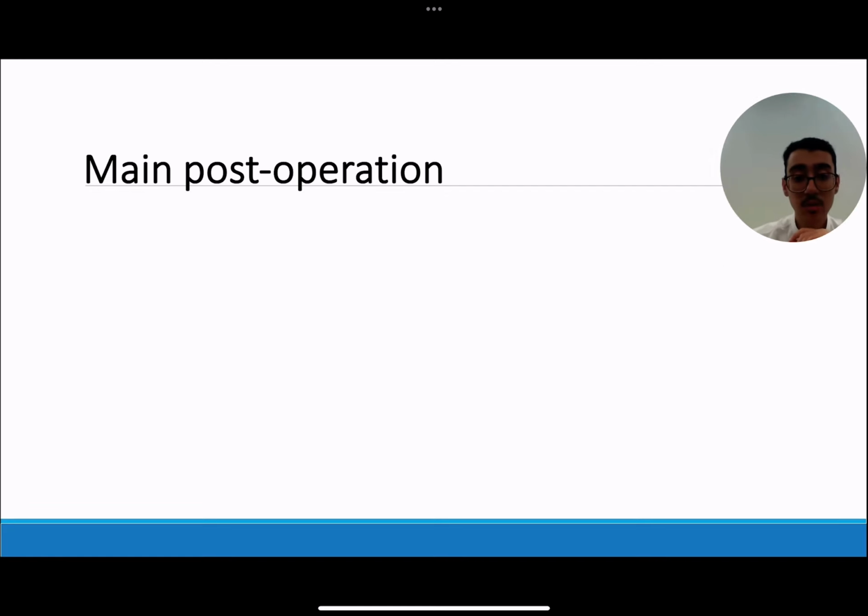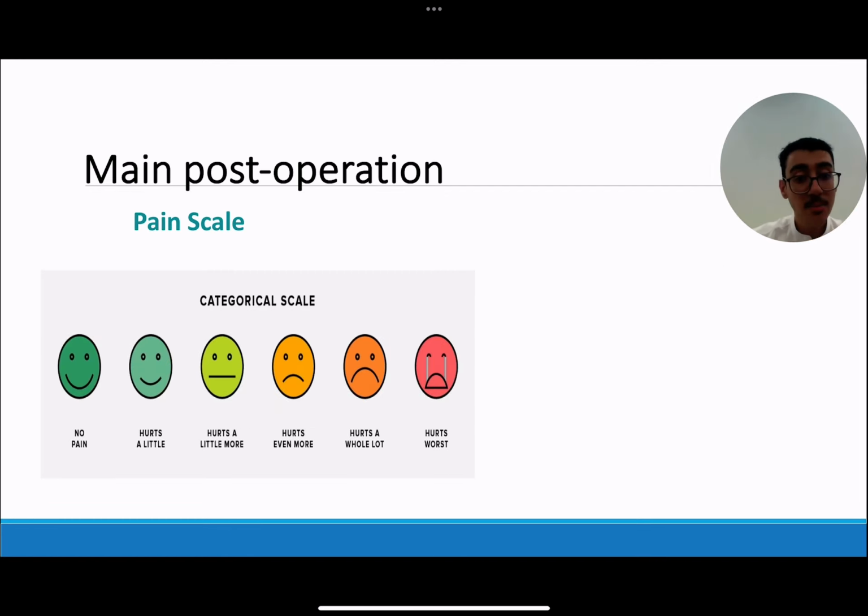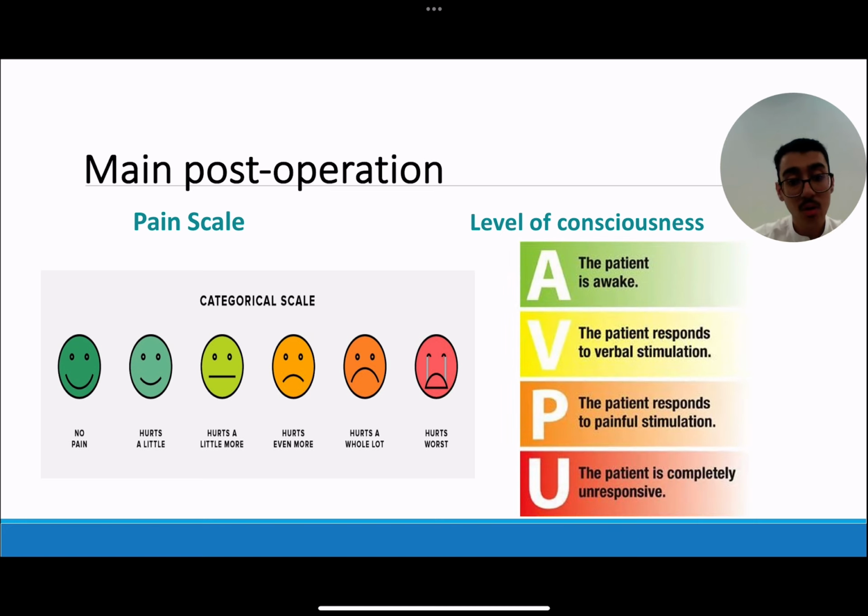And now let's talk about the pain scale and level of consciousness. A pain scale is a scale from 1 to 10 that is given to the patient to say how much pain he feels. Like you can see in this picture, if the patient says 1 to 2, that means no pain. If he says 3 to 4, it hurts a little.